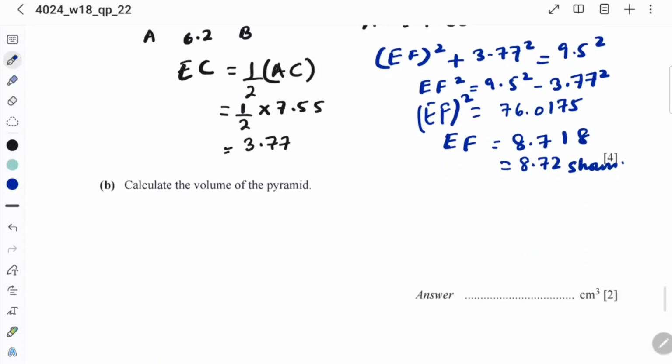Part B, calculate the volume of the pyramid. Volume of the pyramid means 1/3 the base area multiplied by the height of the pyramid, which is EF, which is 8.72, and the base is a rectangular base, 1/3.